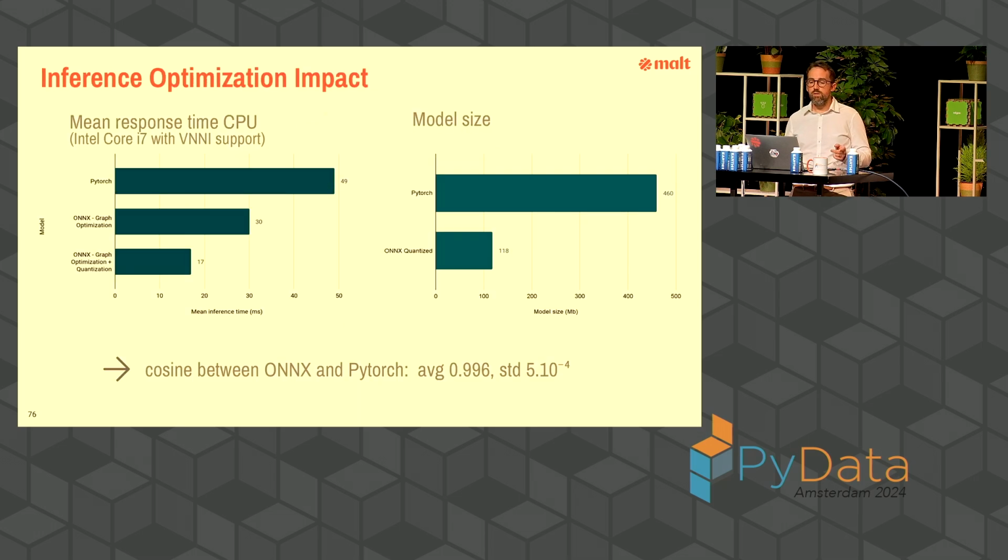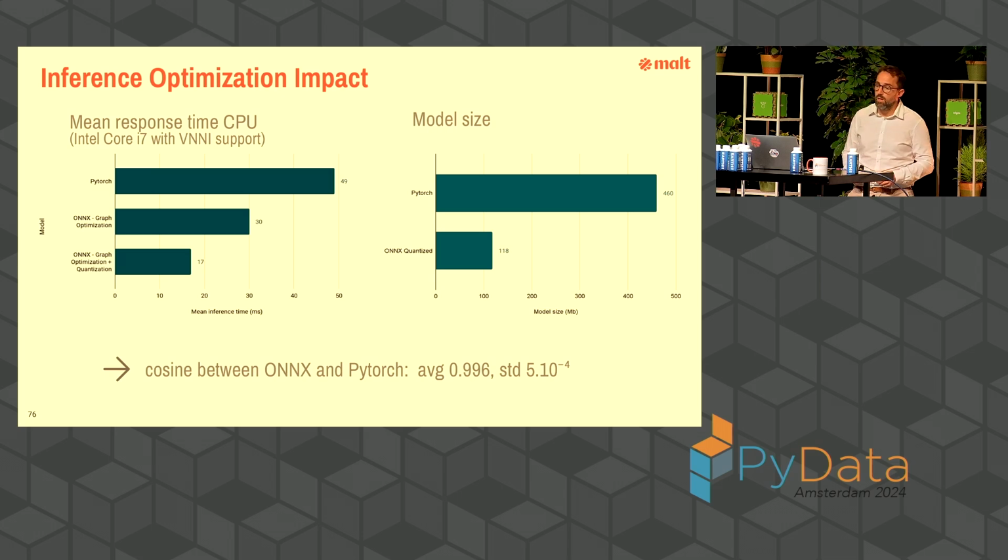If we take a look at the result in our use case, on CPU, we managed to reduce the execution time by almost 3. It brings us to 17 milliseconds, which is usable in production for the use cases that we have. We also see that we had a huge gain on the model size, which was divided by 4.